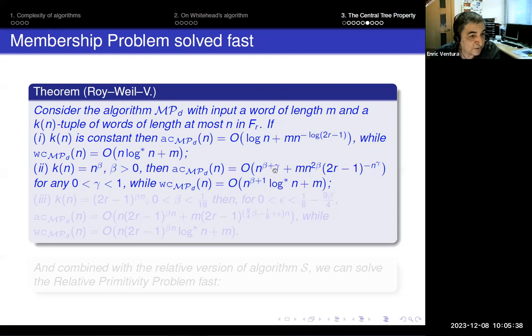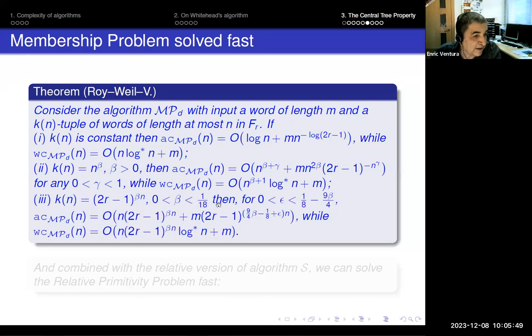So here we gain 1 degree, almost 1 polynomial degree of difference between the worst and the average case. And when the length of the tuple is allowed to grow exponentially fast with respect to the length of the words, then there is almost no difference between the worst case and the average case complexity.